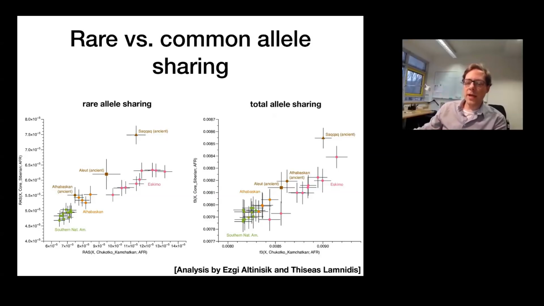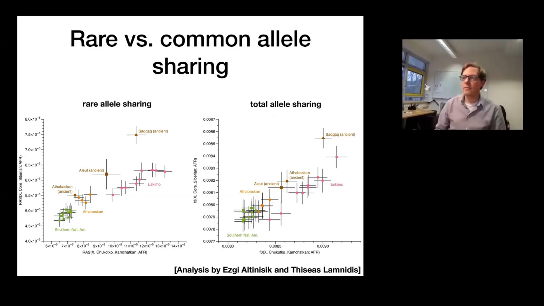We can compare this, by the way, with common allele sharing. This is based on rare allele sharing. This just highlights what this new methodology brings and the power we add. By looking at these rare variants, we have very neatly defined two clusters, for example, between Southern Americans and Athabascans, with relatively small error bars.